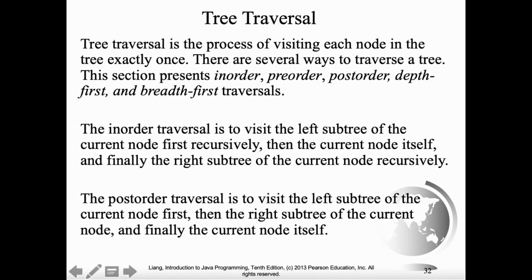Here it's showing you 4 different algorithms, but overall, they are really 2 main types of traversing a tree. One is called depth first, and the other is called breadth first, right? So DFS and BFS.